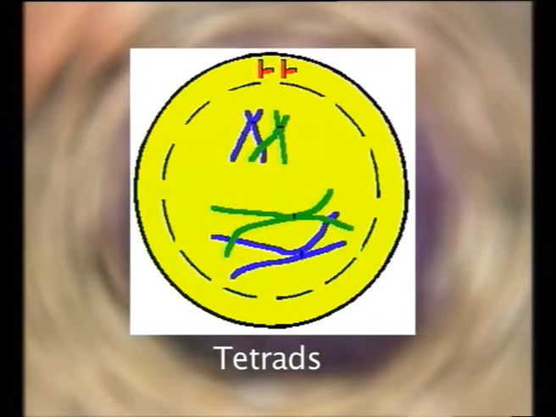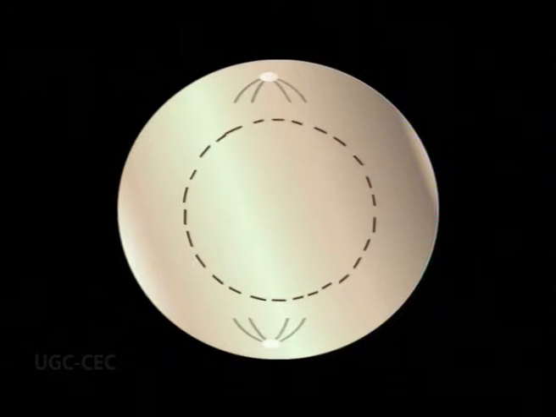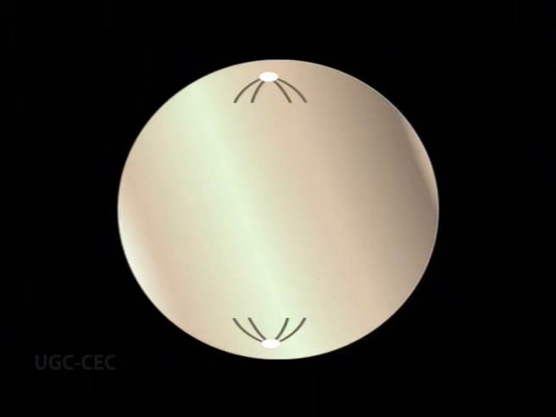Sites of crossing over entangle together, effectively overlapping, making chiasmata clearly visible. The nucleoli disappear and the nuclear membrane disintegrates into vesicles, and the meiotic spindle begins to form.